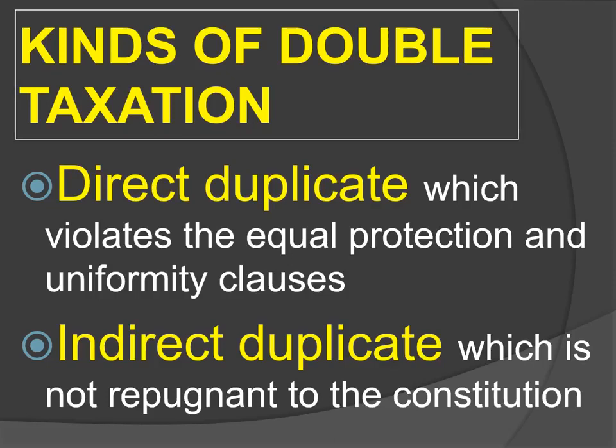So, let's have a look at this. You have two tax laws. If there is direct duplicate taxation, then one of the tax laws will be invalidated, and therefore there could only be one tax collection, and the economic burden falls only once. However, if you have two tax laws and there is indirect duplicate taxation, then the two tax laws could collect the same taxes, and consequently, the economic burden would fall twice.